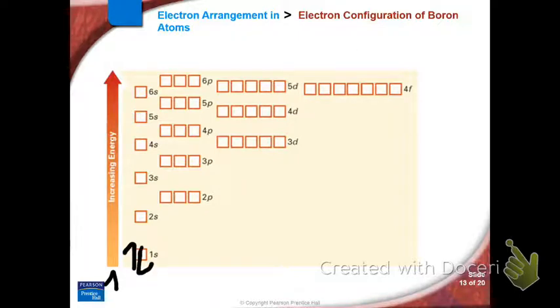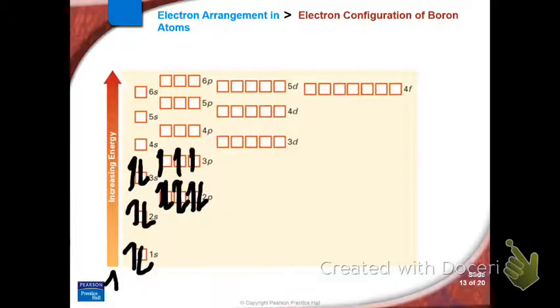Now I can go to energy level 2 because that one's full. 3, 4. Fill up my S. 5, 6, 7. Get all the spins going the same way. 8, 9, 10, 11, 12, 13, 14, 15.